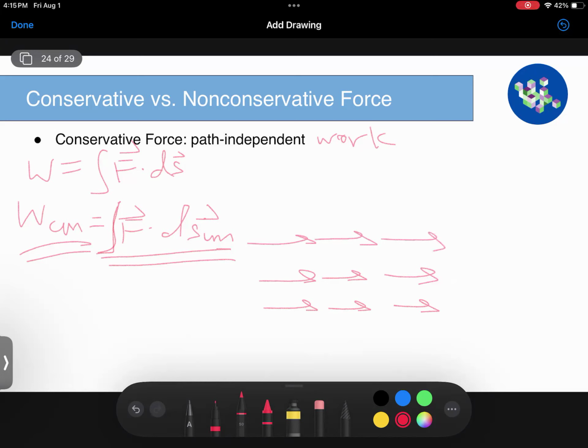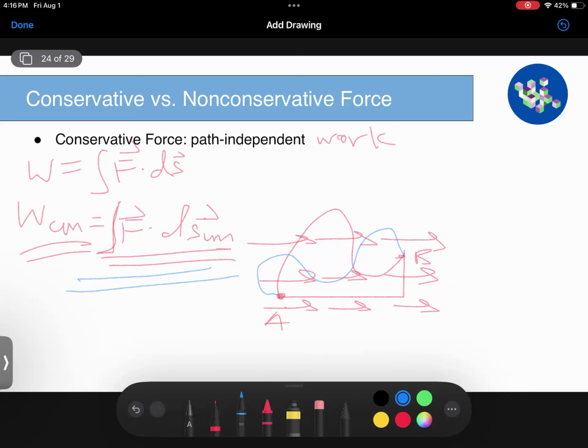If I'm looking at the work done on a particle that moves from this point A to this point B, no matter which path it takes to move from A to B, it can go this way, it can go this way, it doesn't matter. It can also go in a very curly path. It doesn't matter what path it takes, it will always calculate the same amount of work.